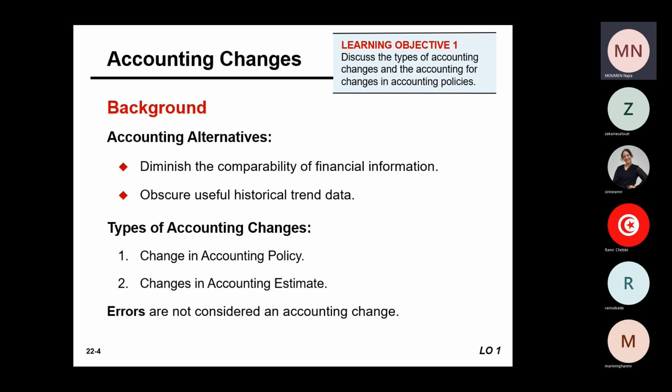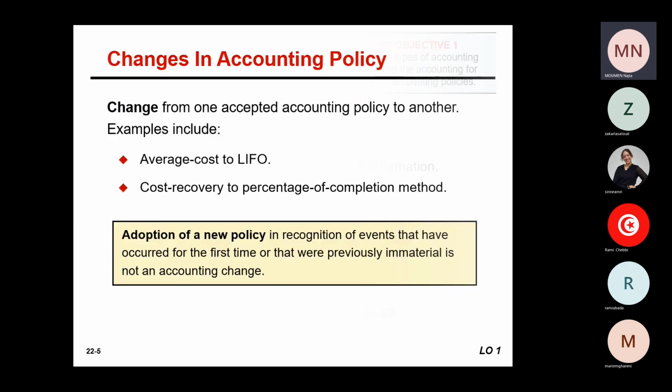You are correcting for an error, for a mistake that was done in a specific period of time or a specific accounting year, and then you will have to correct for it once you discover that error.